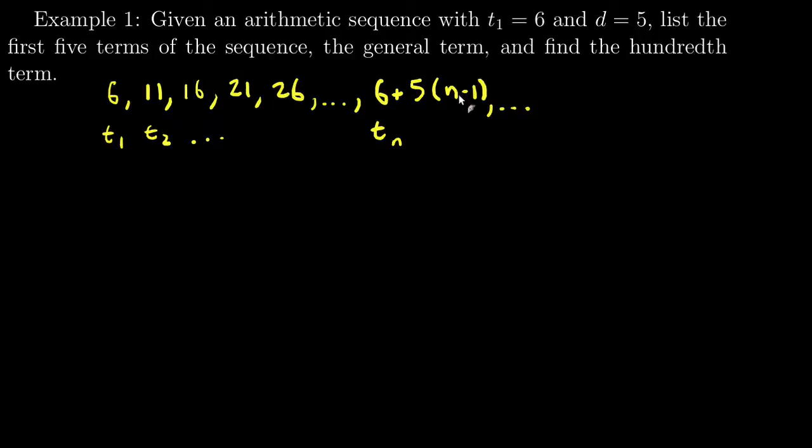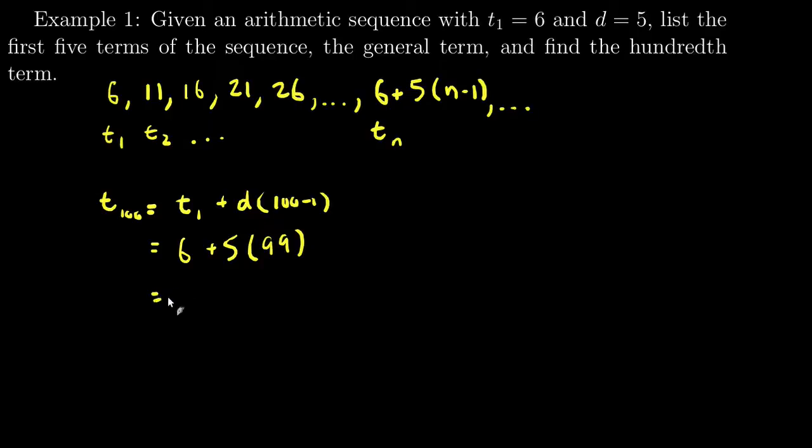And finally, find the 100th term. Well, the 100th term will be the first term plus the common difference 99, so 100 minus 1, times. The first term is 6, the common difference is 5, and 100 minus 1 is 99. 5 times 99, well, 5 times 100 is 500. 5 fewer than 500 is 495, so this is 6 plus 495, which is 501.